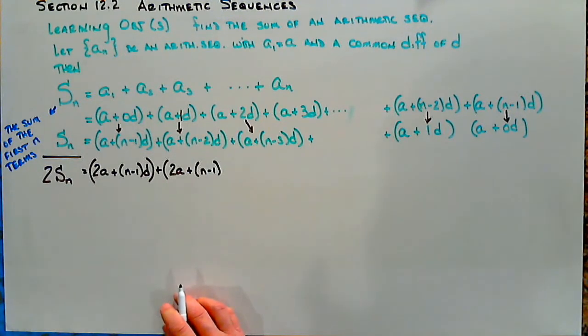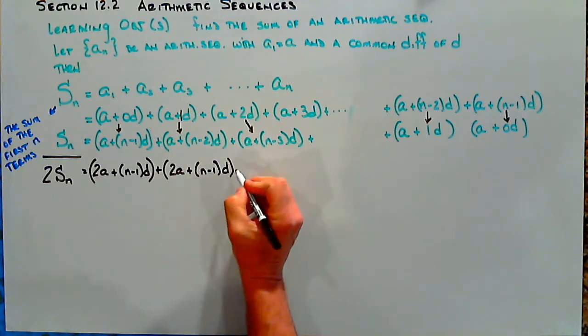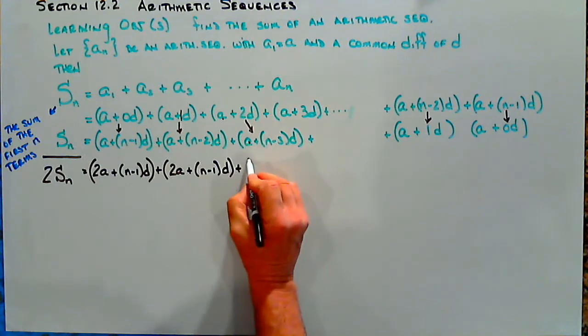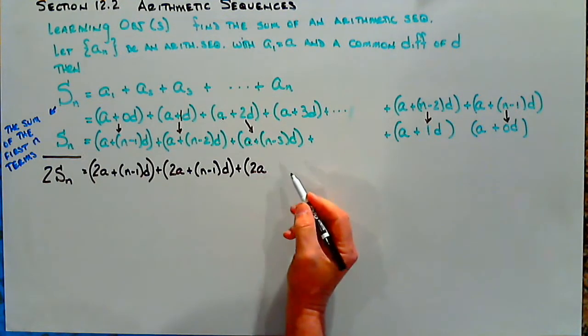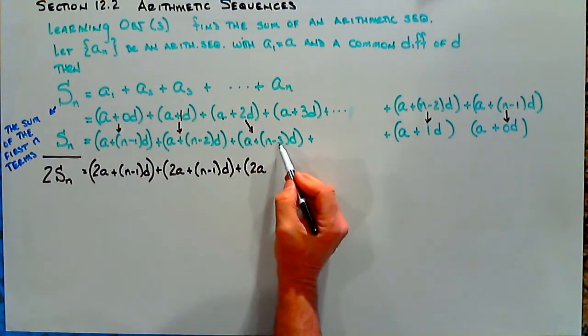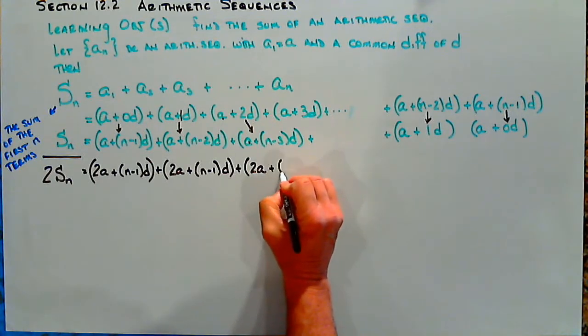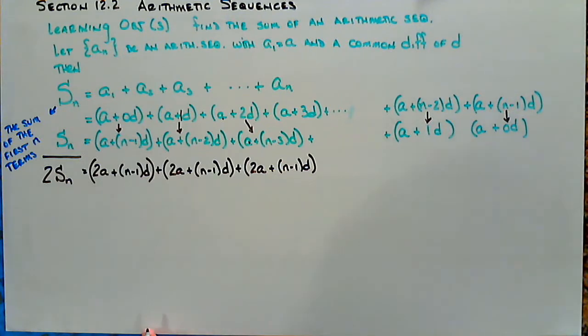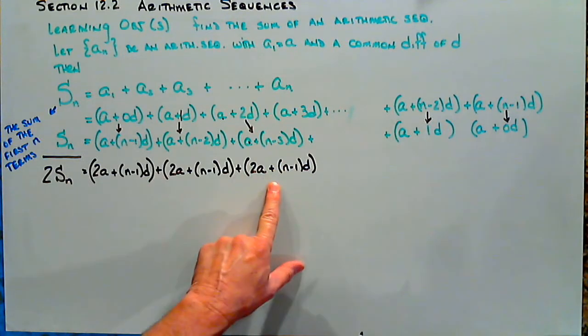N minus 1 d's. What happens over here? Well, we have a plus a. You know that gives us 2a's? Now I have 2 plus negative 3. That turns out to be a negative 1d. N minus 1 d. And you're right. That term, and that term, are all the same.